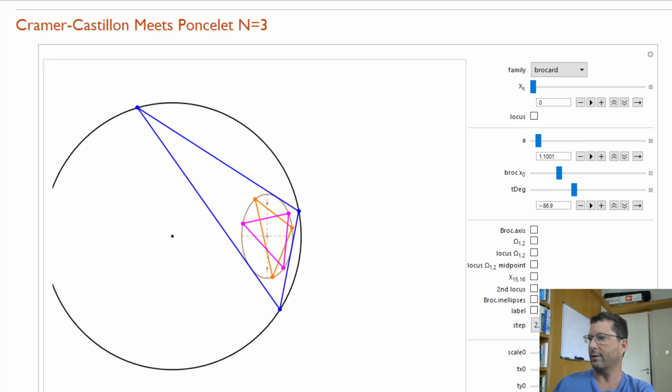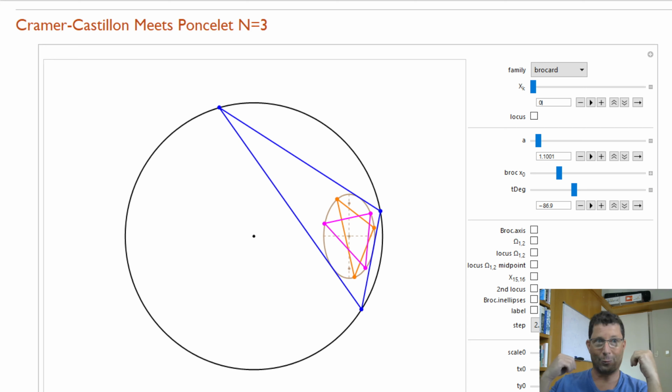So the Brocard porism arose as the pairs of Cramer-Castillon triangles controlled by either the Encircle Poncelet family or the Bicentric or Poristic family. Now I'm using the Brocard porism itself, a proper one, to control Cramer-Castillon.